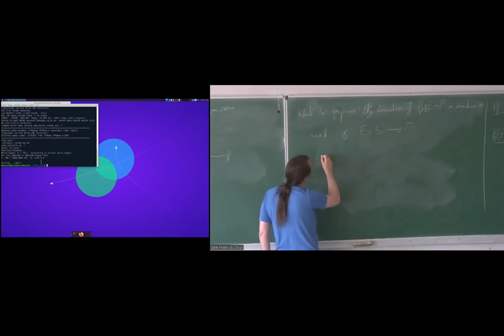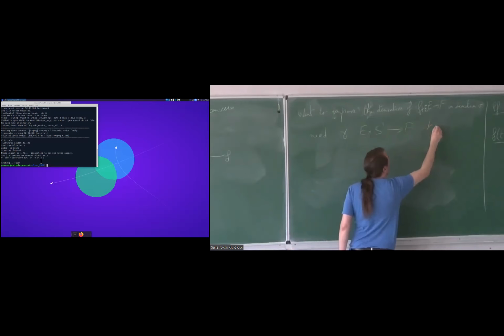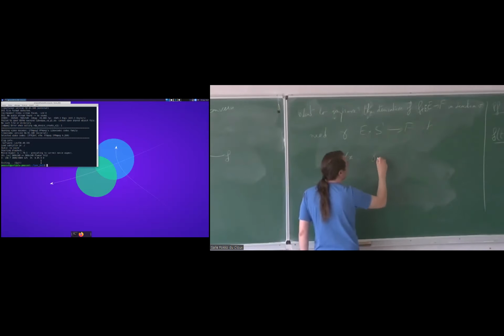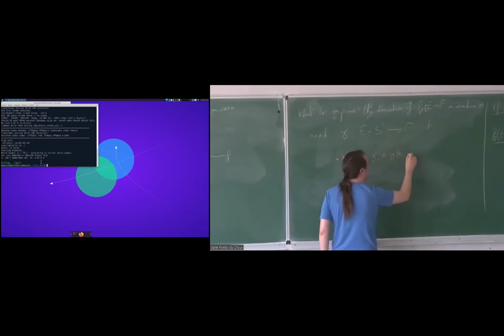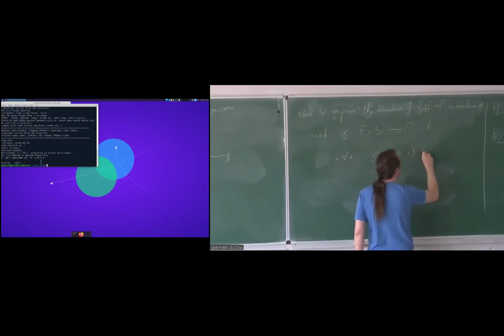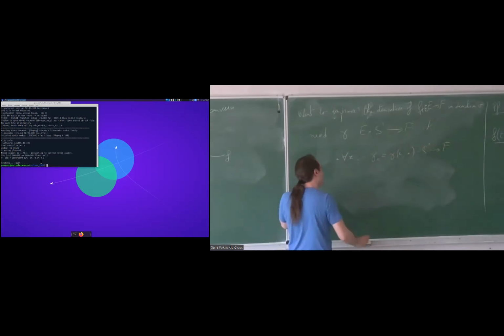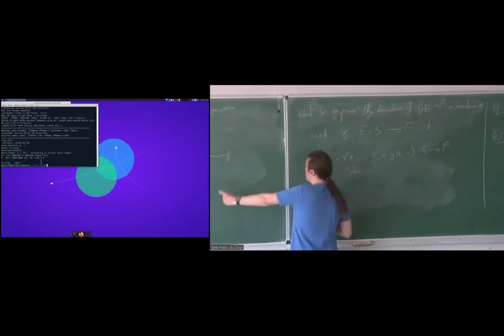So set that for all X, the map gamma X, which is gamma of X, comma dot, going from S1 to F, takes value in a nice set. That would be the omega set.